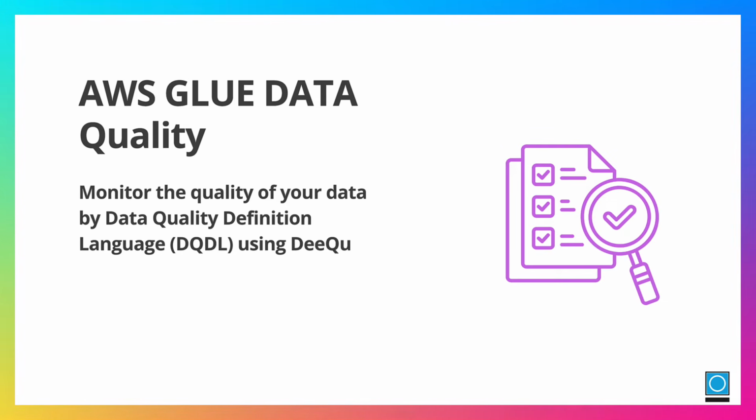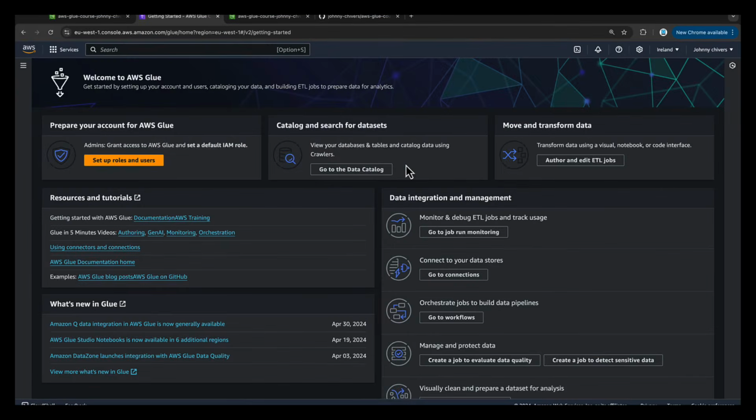It will formulate some rules for us, show us this DQDL language in operation, and then we can alter that language as well or remove rules to suit our data quality. This is so when we're using Glue, we can perform data quality checks on data that's coming in or data that we actually create through ETL and then apply that governance through code. Let's get started and have a little look in the console of how AWS Glue Data Quality works.